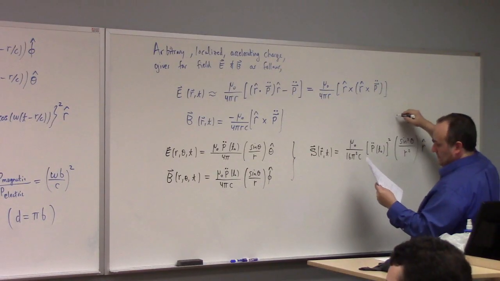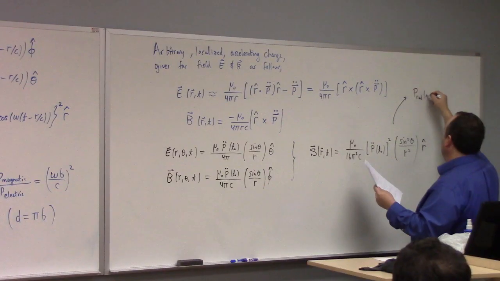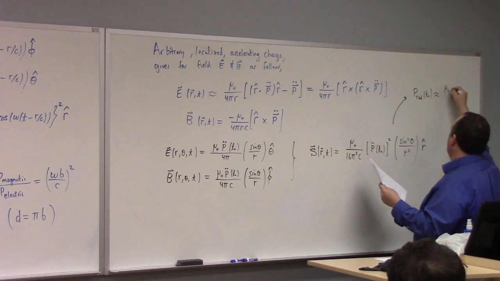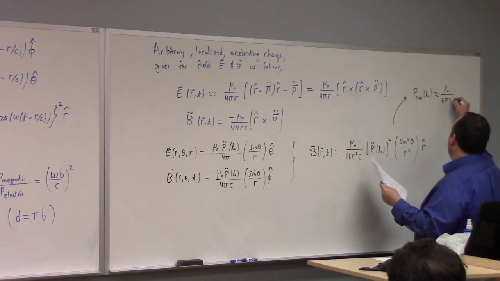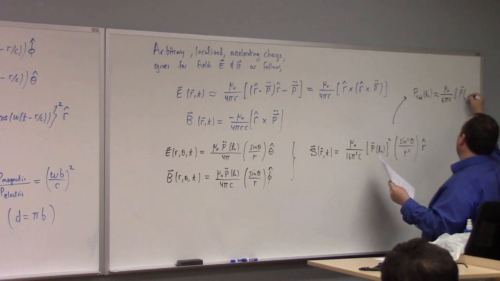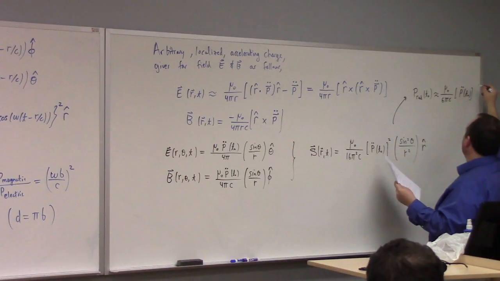So this then leads to the power radiated at time t naught being proportional to mu naught over 6 pi c times the second derivative of the dipole moment at time t naught, squared.